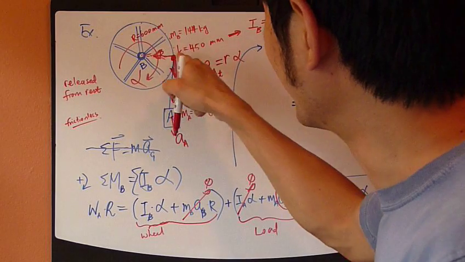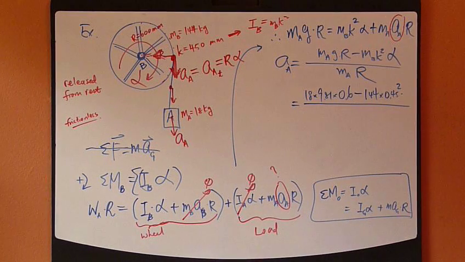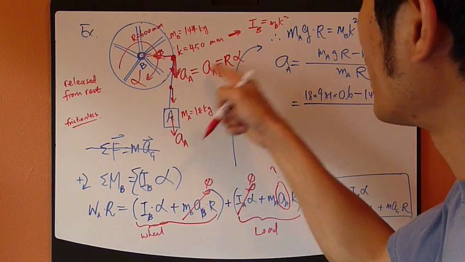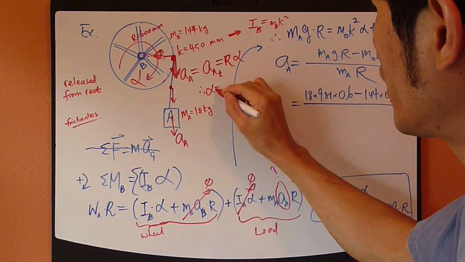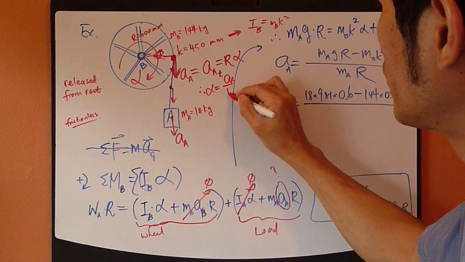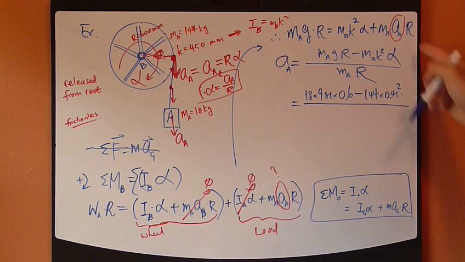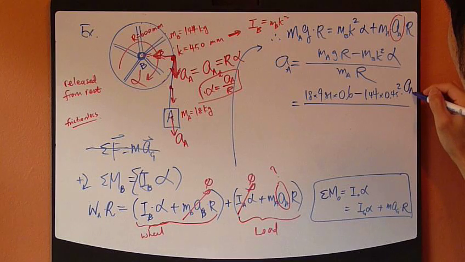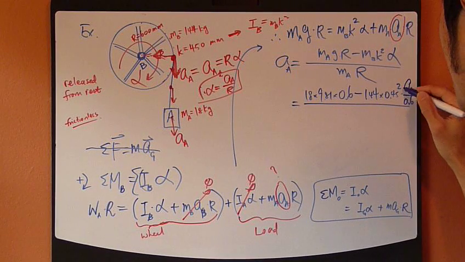R here is exactly the radius of the wheel. So alpha and a are related by this relationship: alpha equals a_A over R, which is 0.6 meters.